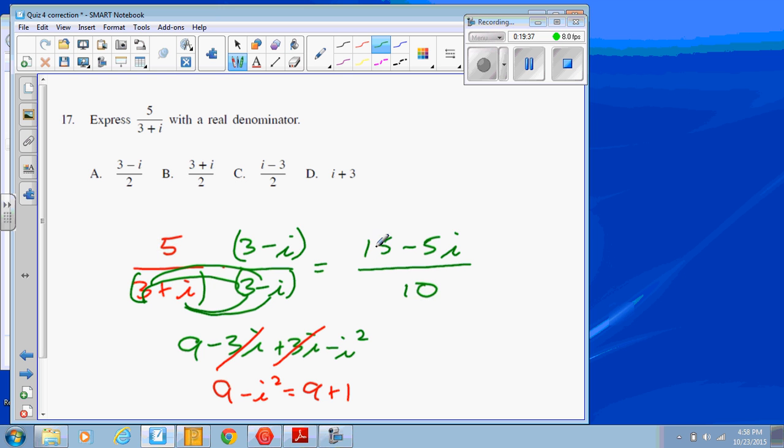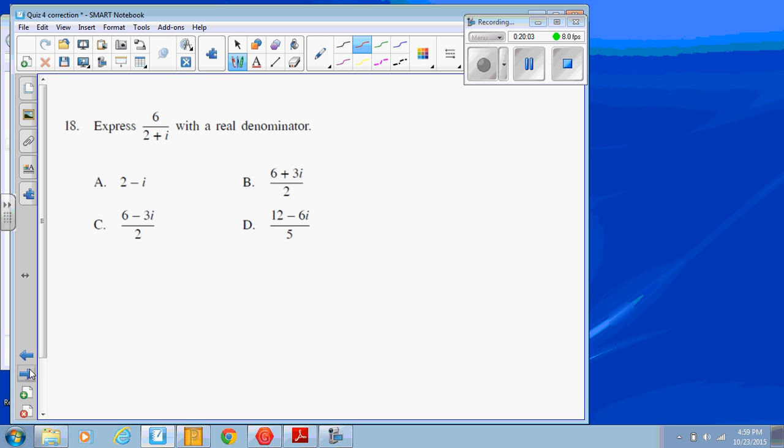So when we reduce this, we notice that all three of these numbers are divisible by 5. So that's what I'm going to do. I'm going to divide each one by 5. This divided by 5 becomes 3. 5 divided by 5 becomes 1, and 10 divided by 5 becomes 2. So the answer would be 3 minus i over 2, which is A.